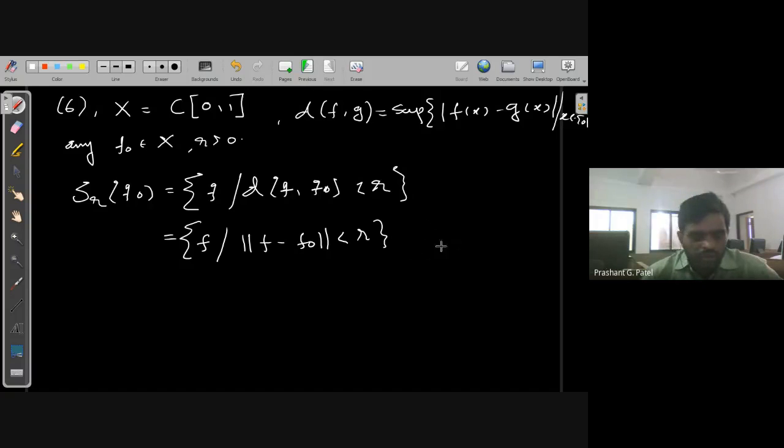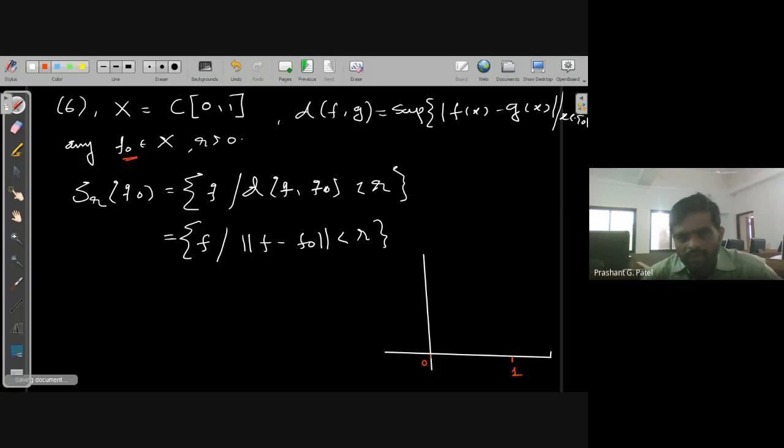The norm is nothing but the supremum of |f(x)|. So geometrically, what does this represent, or what functions will be there? Let's say this is your x axis and y axis, and if this is 0 and this one is 1, first of all you require f0.